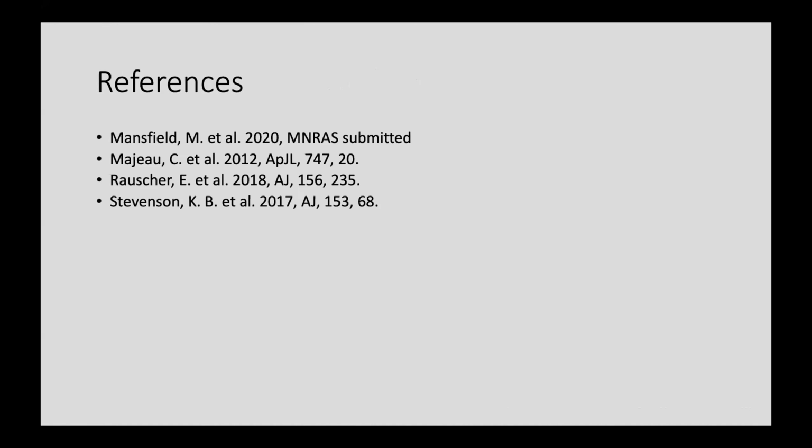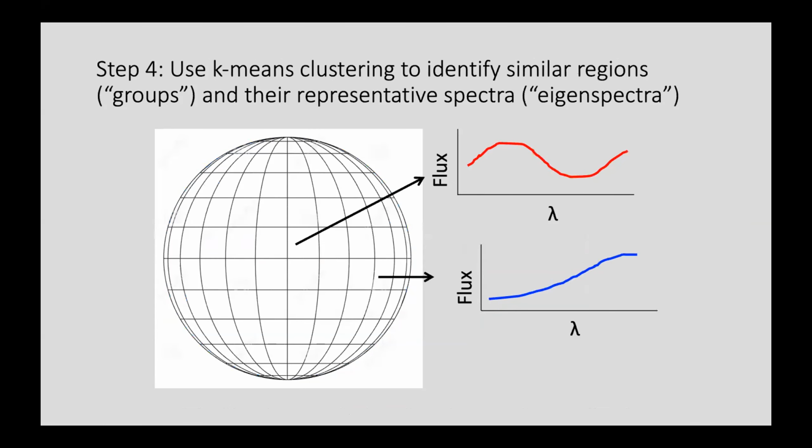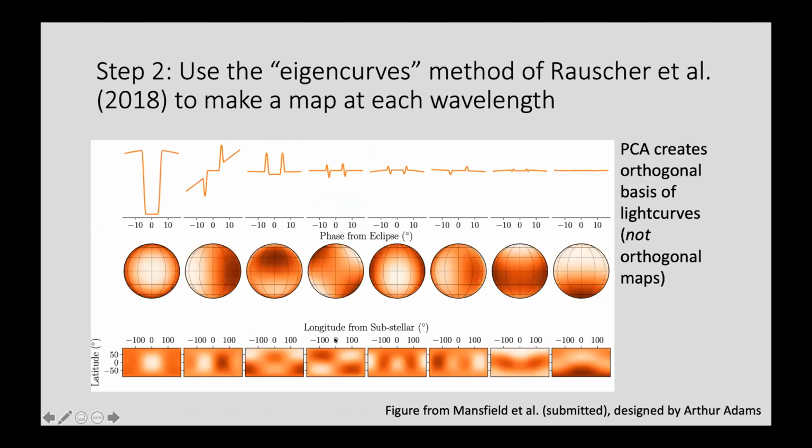We're constructing this from the eigencurves, and so you tend to get those symmetric maps out of that. These are maps for the individual eigencurves here. So you can see you get a hotspot on the day side and then two different ones in the other direction and then four.